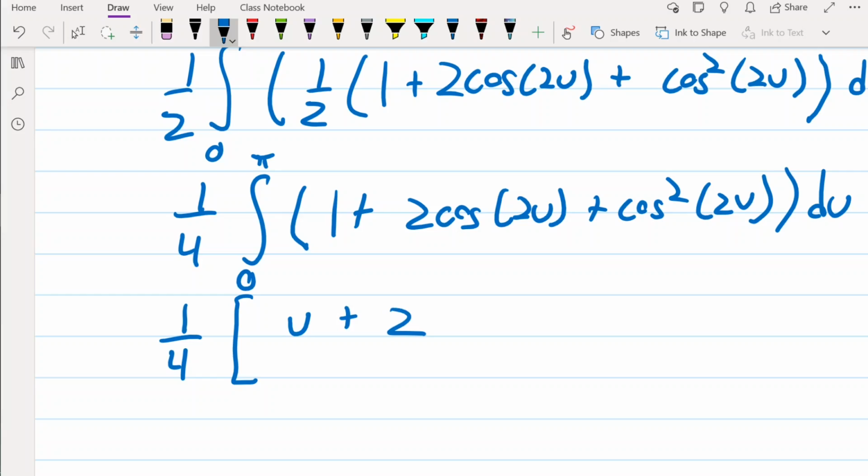And that's not going to be cosine. You know what, I'm going to break this off right here.